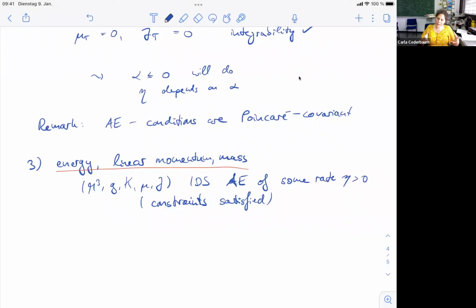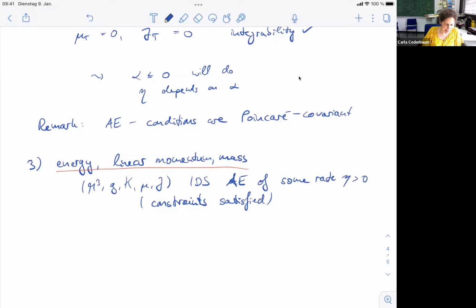And then Poincare covariance just means that if I had picked a different observer, so a different initial data set in the same space-time, then I would have my energy momentum four-vector transform as it would in special relativity under a change of observers. Okay, I can't make this precise now, unfortunately, but I hope that the idea comes across.